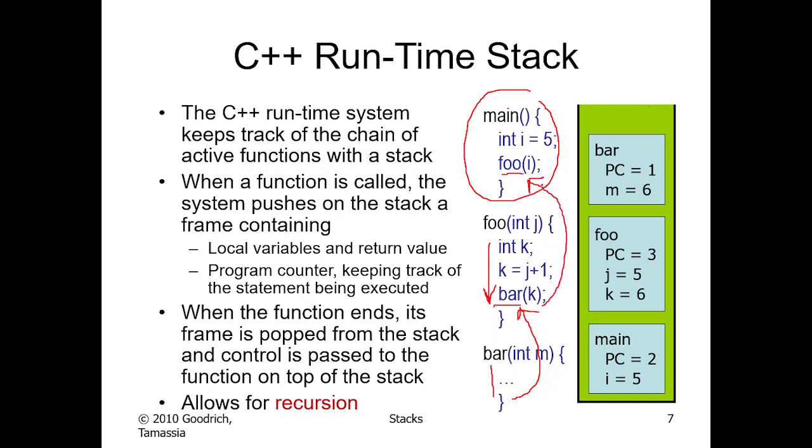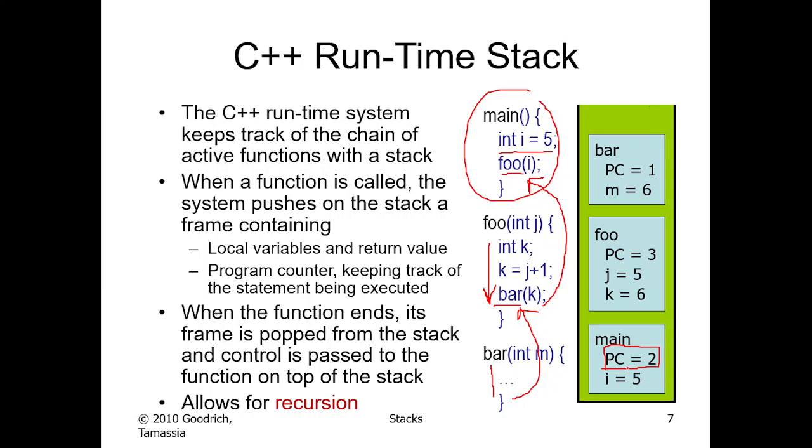That is what happens when you call function foo from the main function. The values of all the local variables in the main function are pushed onto the stack, and the address to which you have to return after executing function foo is pushed onto the stack.